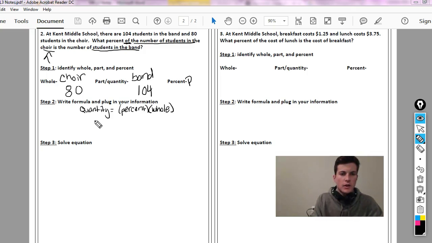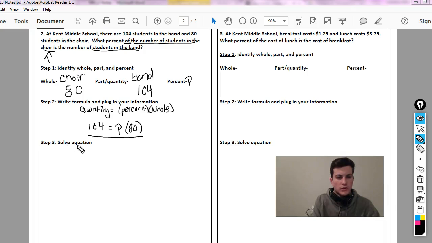That's our formula. Our quantity for this example is 104. That equals our percent, we're saying is P, and the whole is 80. Good. With this formula, go ahead and solve your equation for P.